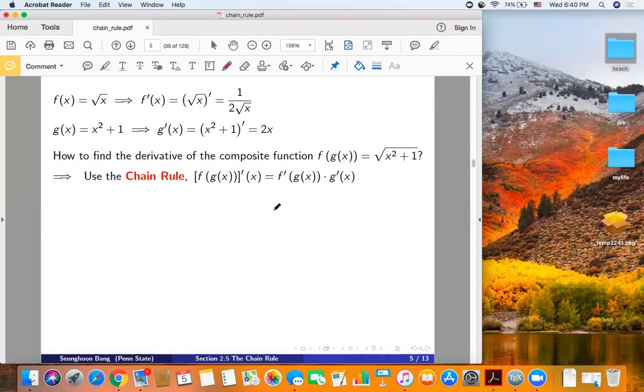The chain rule is this: f of g of x prime is f prime of g of x times g prime of x.